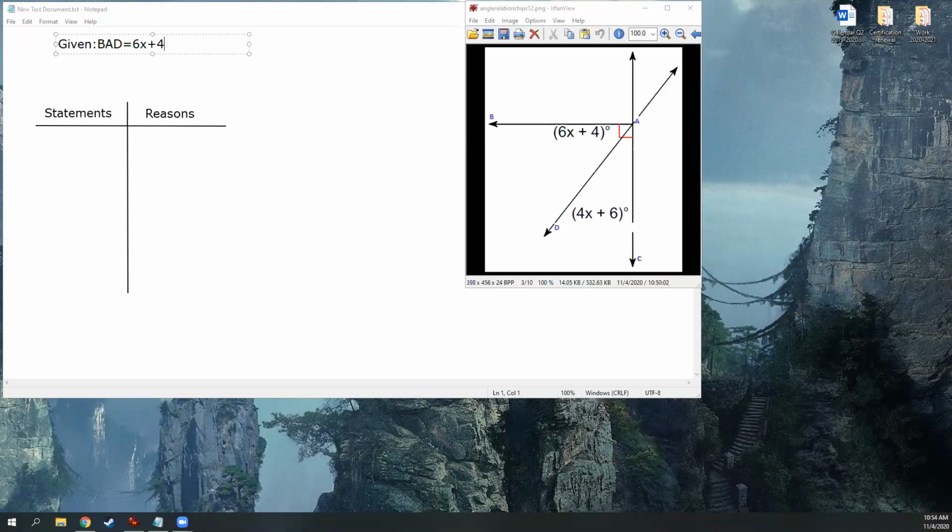I haven't done this proof yet, so you get to actually see me reason through it. We're also given that CAD equals 4x plus 6. And we're actually given one other thing, which was BAC is a right angle.